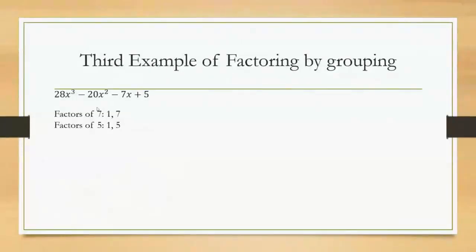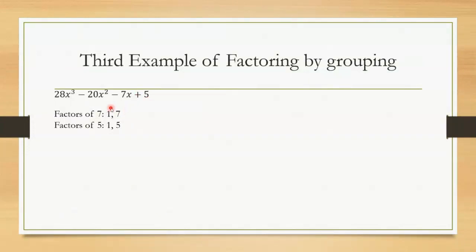So first we want to see if we can find the GCF of this. Okay. Well, hopefully right away you can see that if you look at the factors of 7 and 5, I listed those factors here, okay? But you can see that 7 and 5 alone only have 1 as a common factor.